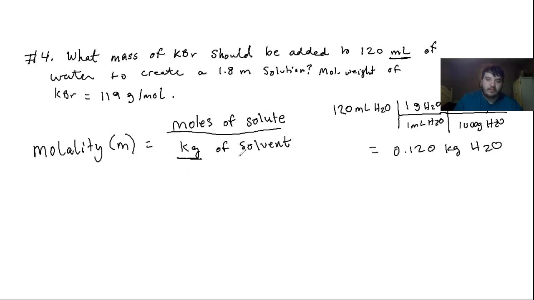So what about moles? Moles is a little different. All we're given right now is 119 grams per mole, which is the molar mass, and we also know the molality.